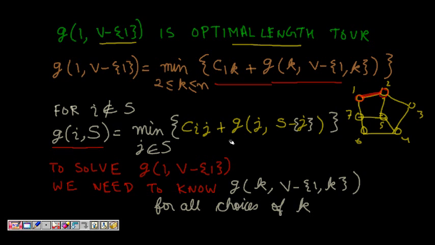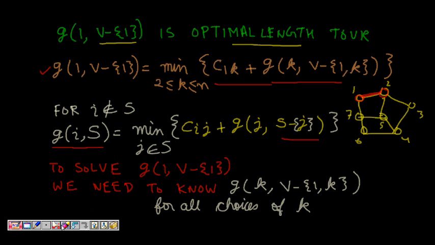So we define it as the minimum of C(i,j), so I go to some node j in the set S, and then from there I start another path at node j. It covers all the nodes in set S minus j and goes back to 1. So this is something like a generalization of this equation, and then we use this to solve the problem.